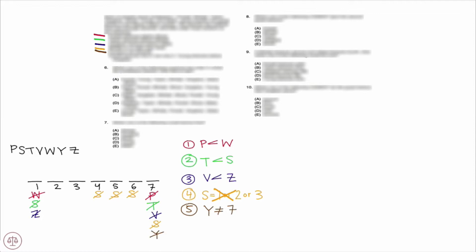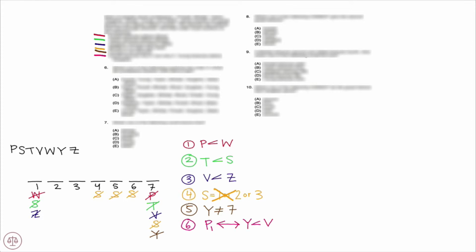And rule number 6, P lectures first if, but only if, Young lectures before Vaughn. So remember, if but only if is a double arrow. We have P lectures first, double arrow, Young lectures before Vaughn.